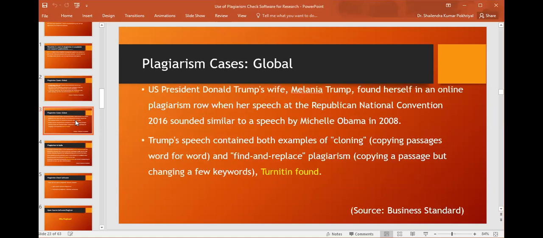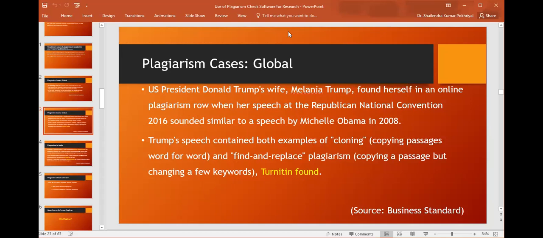Sir, next slide, please. This is another important issue. US President Donald Trump's wife, Melania Trump, found herself in an online plagiarism row when her speech at the Republican National Convention in 2016 sounded similar to a speech by Obama in 2008.